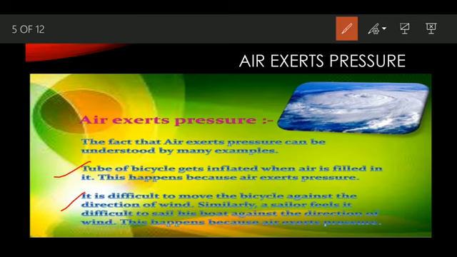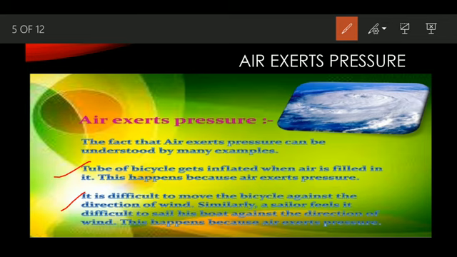Students, you often have this experience in your daily life when you go from home to school, or from school to home, and you ride the bicycle opposite to the wind direction. You feel very uncomfortable, and it is not easy to move the bicycle because air exerts pressure.